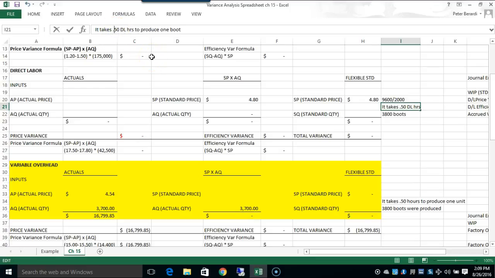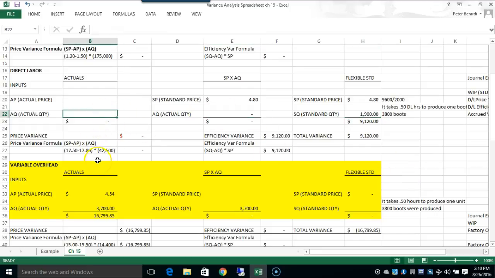You take 0.50 times 3,800, so 1,900 standard hours.